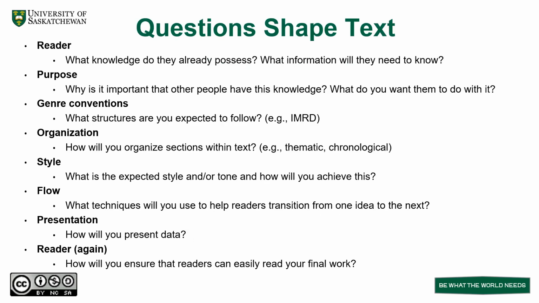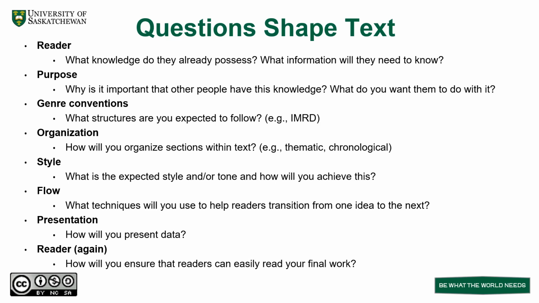All right, so when we approach the writing of any sort of text, we ask ourselves a lot of questions as the person who is going to craft that text. And when it comes to scientific writing, I suggest the following questions that you might ask yourself when taking on this type of writing.